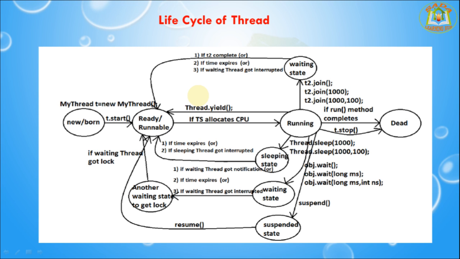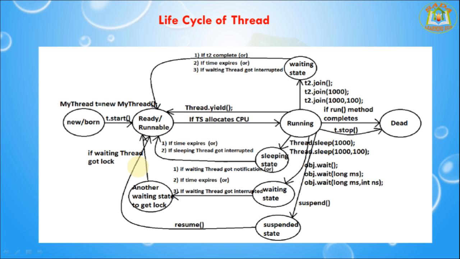This thread can be brought back to the runnable state at any time. A thread can go any number of times from the runnable state to the blocked state and vice versa in its life cycle. This state can be compared with the stop method of applets. Whenever we call the join method, sleep method, or wait method, the thread goes to the blocked state.